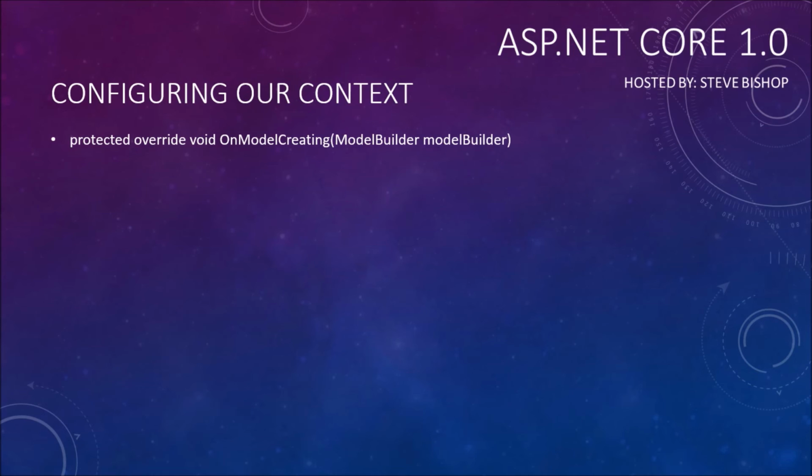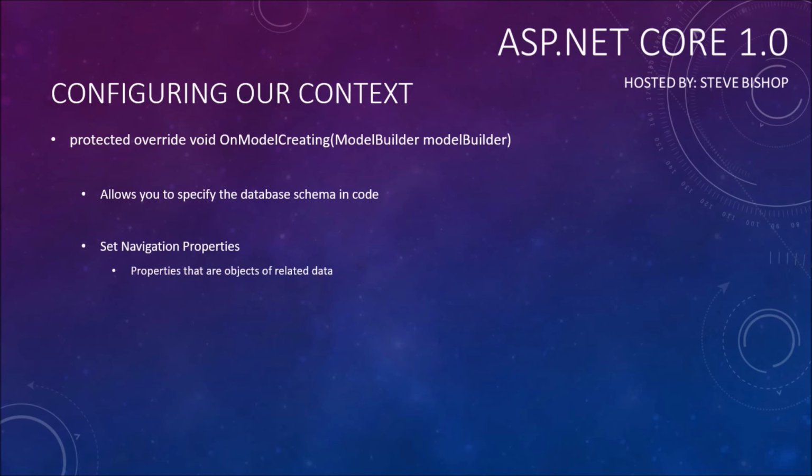Now, the OnModelCreating method allows us to specify the database schema in code. So we can actually use the C# language to define some of the schema details that we want passed into the database. This allows us also to set navigation properties. And navigation properties are essentially properties that are objects that contain related data.